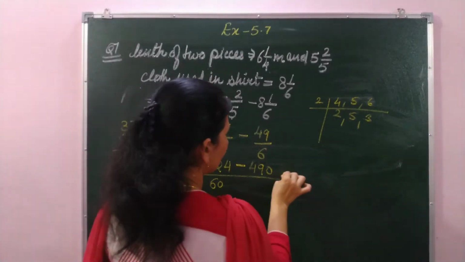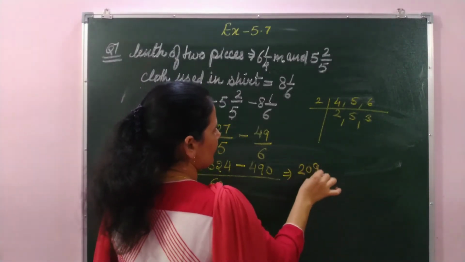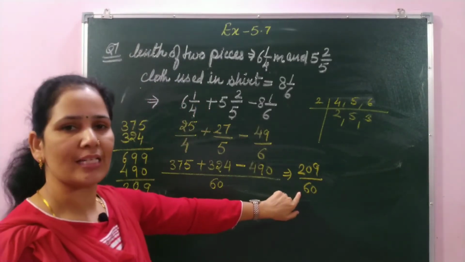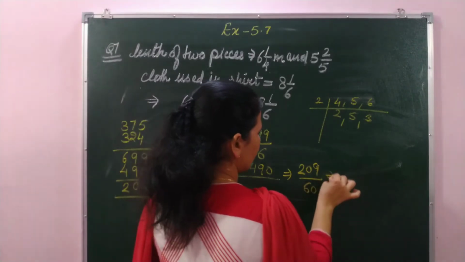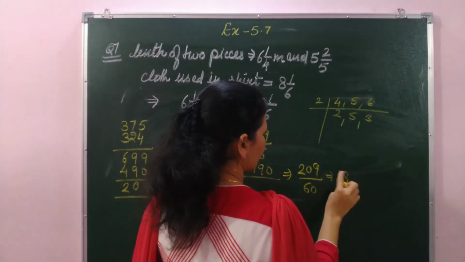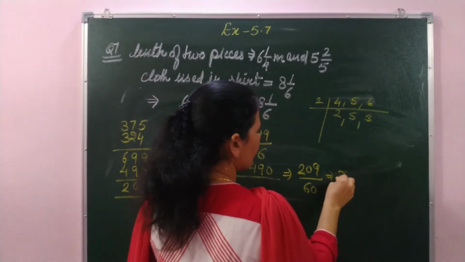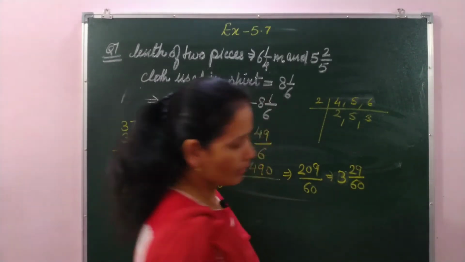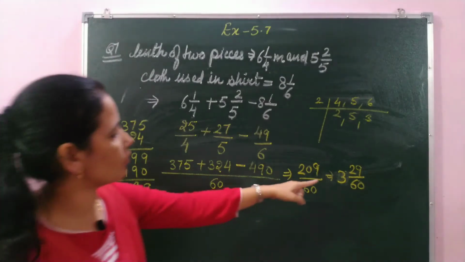Okay, students, what do we get? 209 by 60. Convert this one into a mixed fraction. 60 3s are 180. Remainder 29 by 60. Now, students, how much cloth remains for the table?